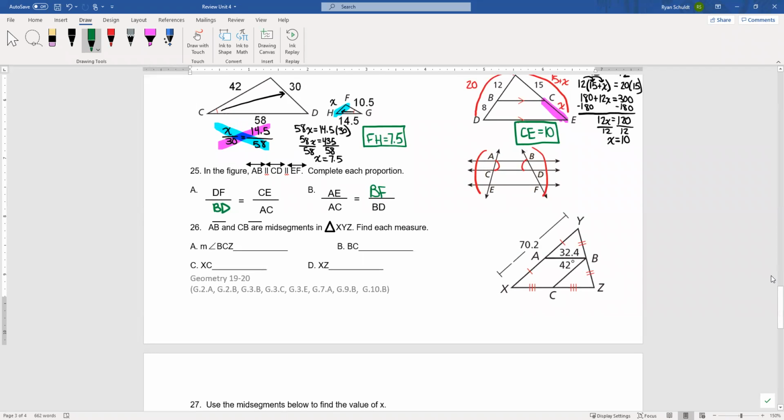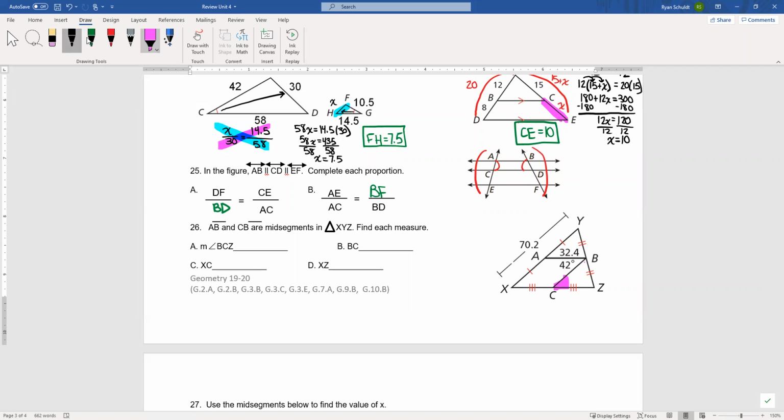Okay, 26. Now we're dealing with mid-segments. So it says that AB and CB are mid-segments of triangle XYZ. Find each measure. A asks us to find the measure of angle BCZ. So that would be that angle right there, BCZ.